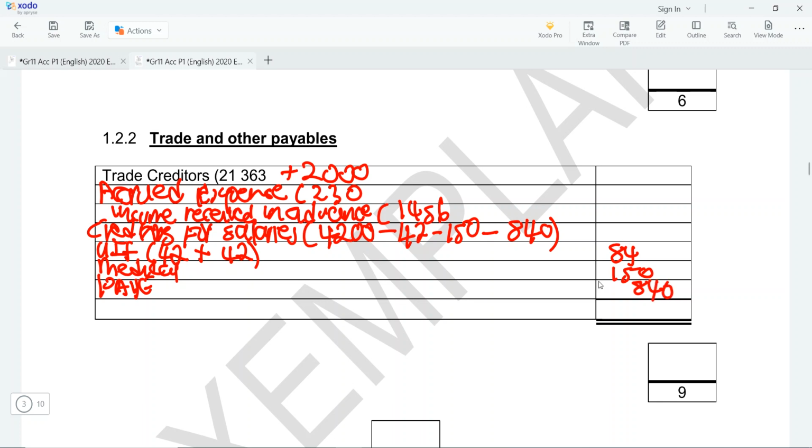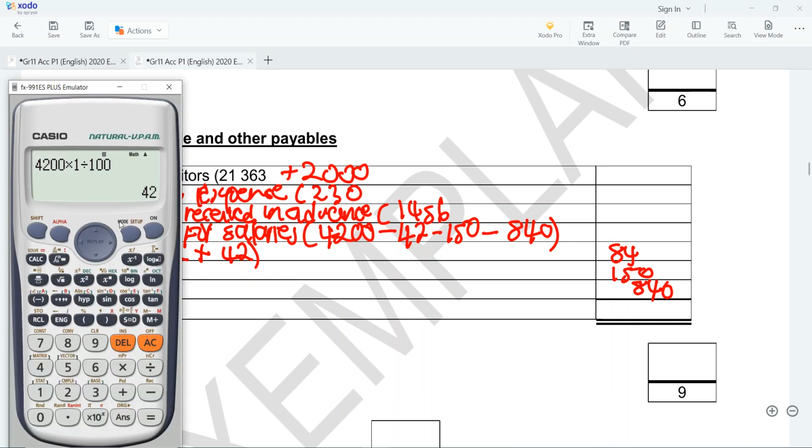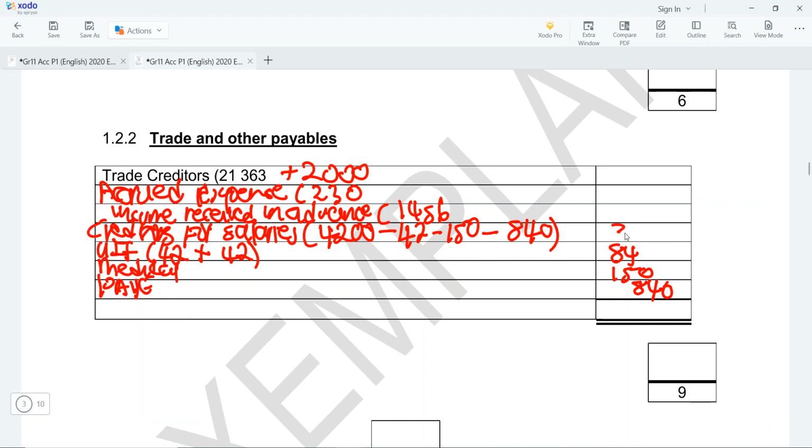Okay, they are not combined. So remember, creditors for salaries is just the net salary that you're going to pay to that person, so you don't put it at a gross salary. So 4.2 minus 150 minus 42 minus 840 will give us 3,168, and then from there you are done with this.